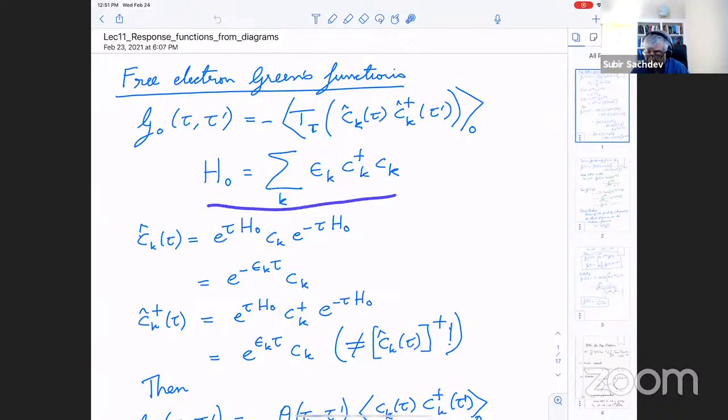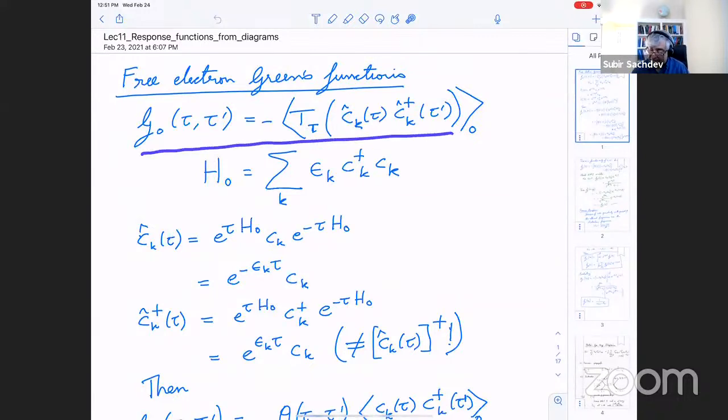So that's my H naught. There's no V. So the time evolution of these operators is just the Heisenberg time evolution with H naught, and we'll put a hat to remind you of that. So this is what G naught is defined to be: the expectation value in the free Hamiltonian H naught of the time ordered product, minus C times C dagger.